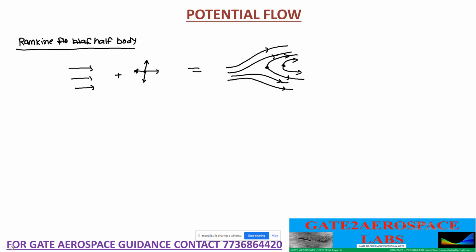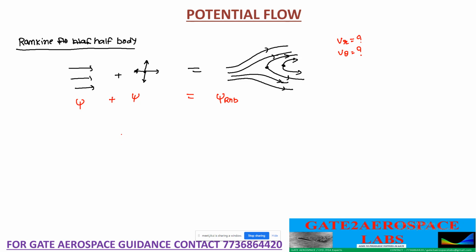Basically, to get this type of flow, there will be a stream function for a uniform flow and a stream function for this source flow, and the addition of these two will give us the stream function for the Rankine half body. But I am interested in what I am having, a 2D flow. I am interested in knowing what will be the radial velocity and what will be the tangential velocity. Fine.